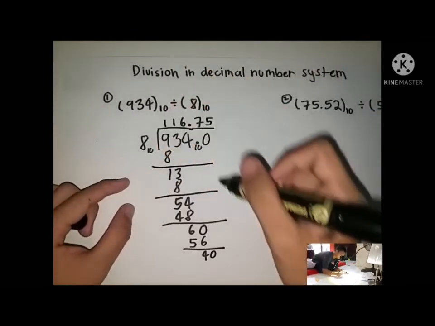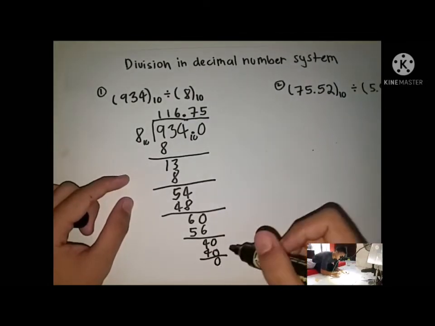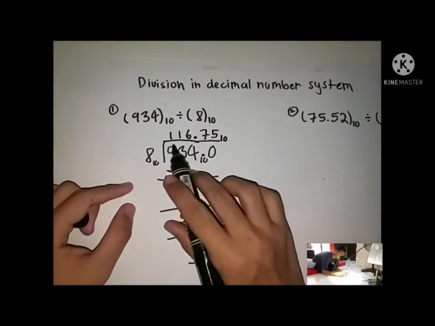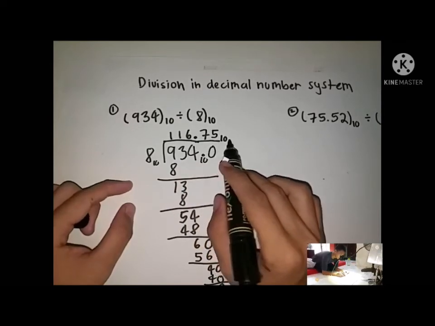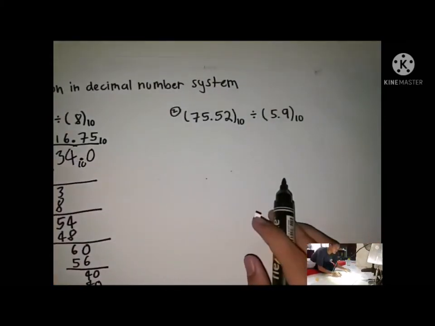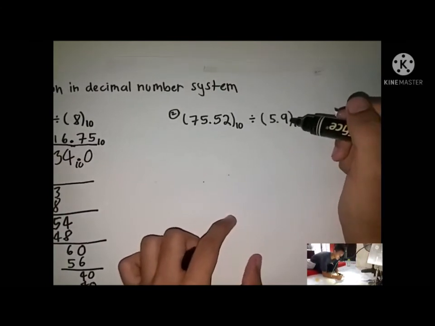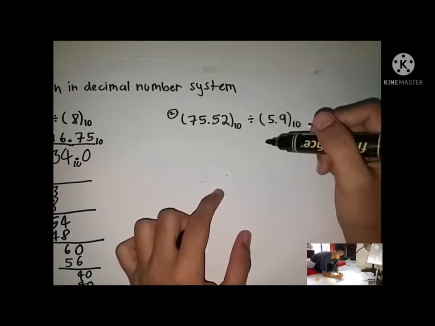So 5 times 8, 40. So subtract these two numbers, 0. So we stop in 0. So we have a 116.75 base 10. So let's proceed in dividing two numbers that has or contains a decimal point or fraction.